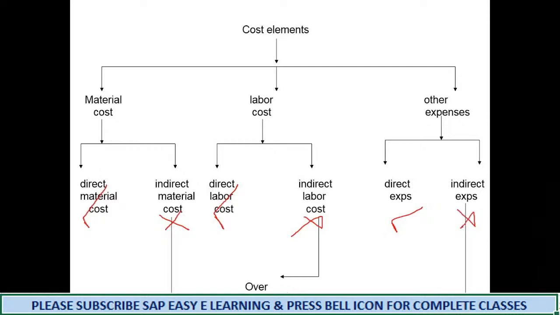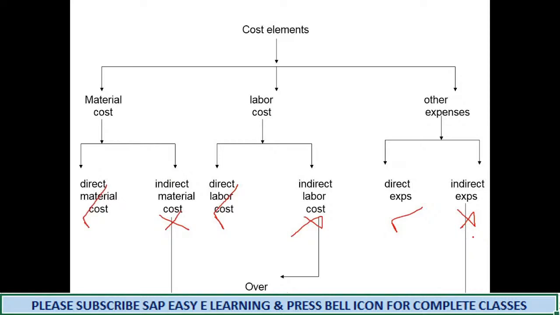Then what is the conclusion? We have to analyze direct material cost, direct labor cost, direct expenses because they are occupying a larger portion. It is not economically viable to analyze indirect material cost, indirect labor cost, indirect expenses individually because individually they are occupying a smaller portion.